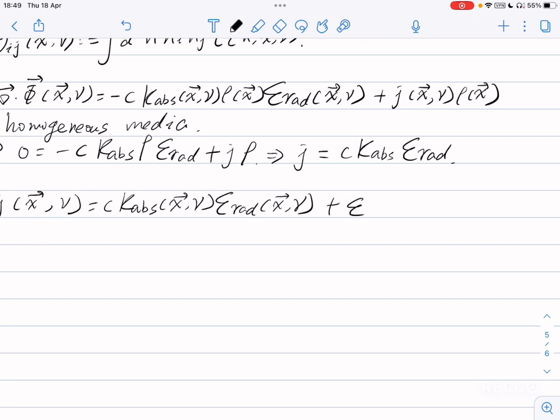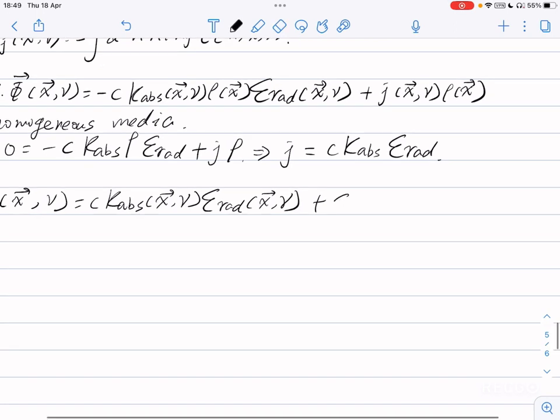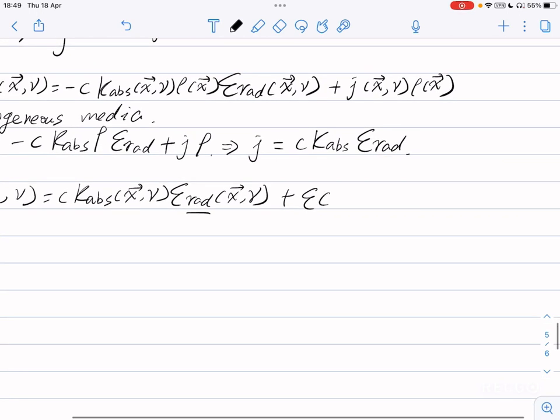Notice that this little epsilon is the rate of energy generation from nuclear reactions per gram per frequency.